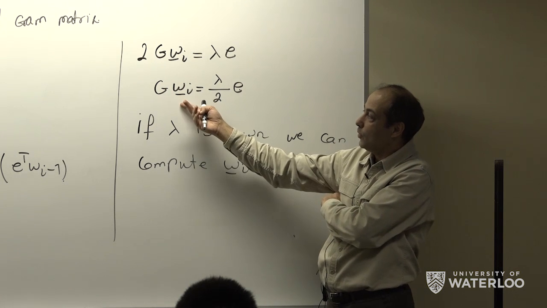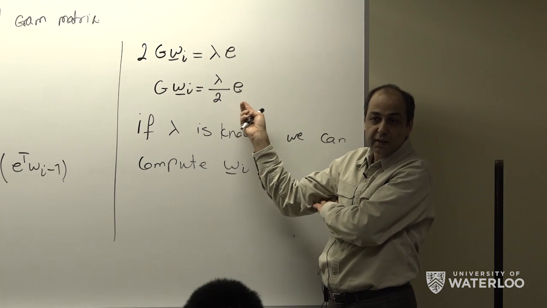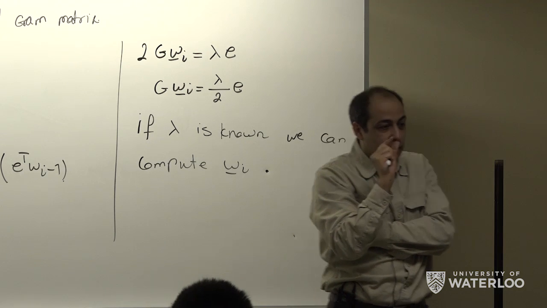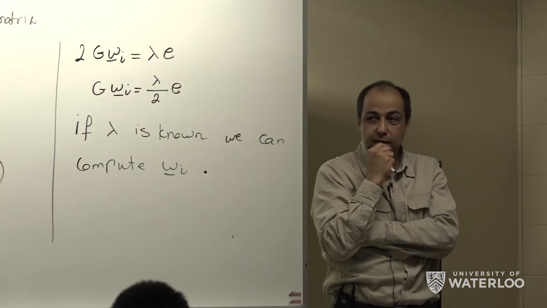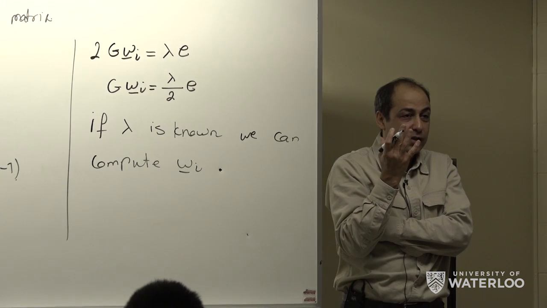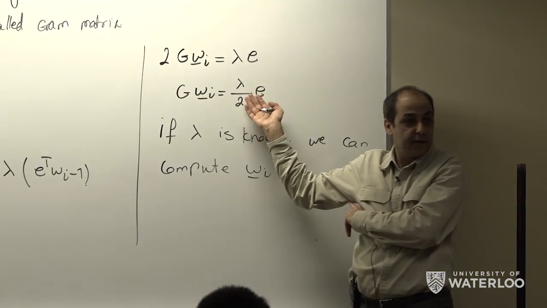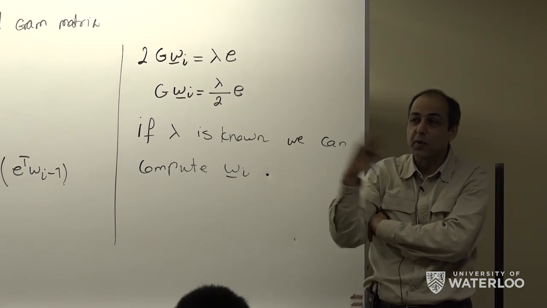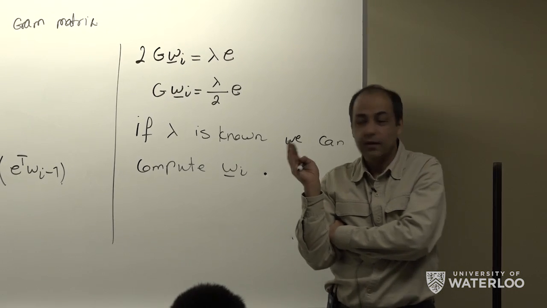The solution for Wi is lambda over 2 G inverse E, right? A wrong lambda is going to scale W wrongly. But it doesn't matter because the summation of Wi is 1. Set lambda arbitrarily, to any value. Solve for W, normalize W. Make sure that the summation of W is equal to 1, right?